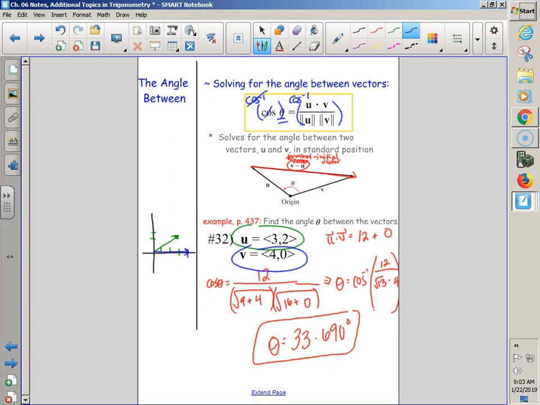I guess that looks kind of like a 30-ish. Is that enough to tell us exactly what it is? No, but drawing a picture does give us the idea. If we had found 150, we're in some big trouble. Since we found 33 and that looks like a 30-ish, yeah, sounds good.